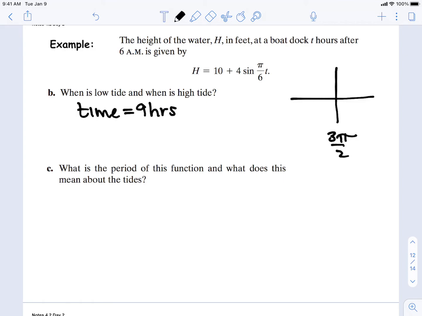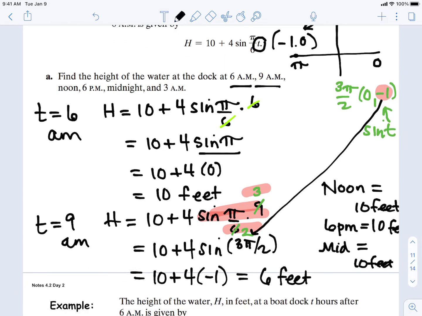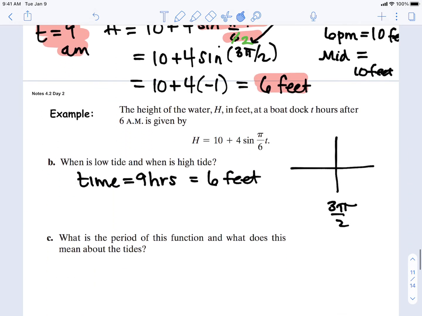When it was 9 hours later, we would have 6 feet. So I'm just highlighting this time here. 6 feet.